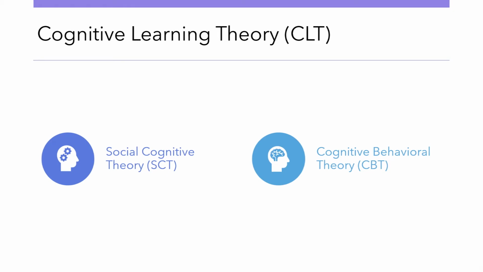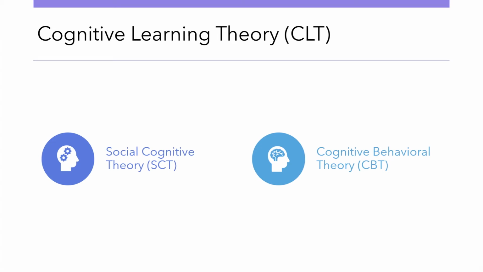Cognitive learning theory covers two specific theories, social cognitive theory and cognitive behavioral theory. SCT focuses on behavioral, environment, and personal factors, while CBT focuses on the individual's perception of three things: the self, the environment, and the future.